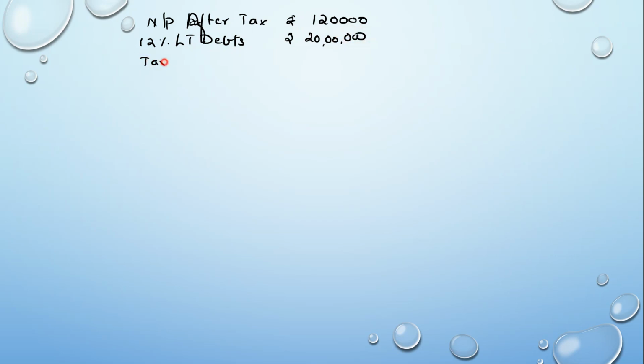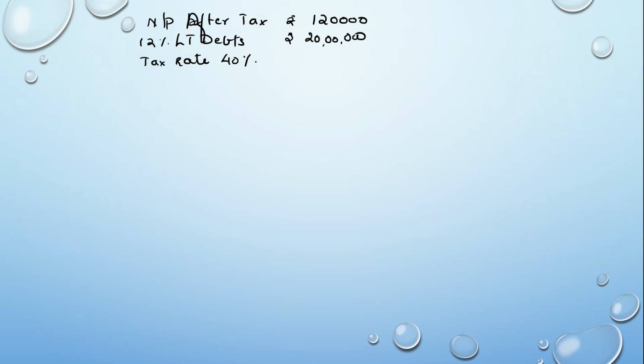Let us just note down the details once again in this slide. It is net profit after tax, which was given as rupees 1,20,000. They gave us that there was 12% long-term debts, which was worth 20 lakhs, and they said the tax rate was 40%.